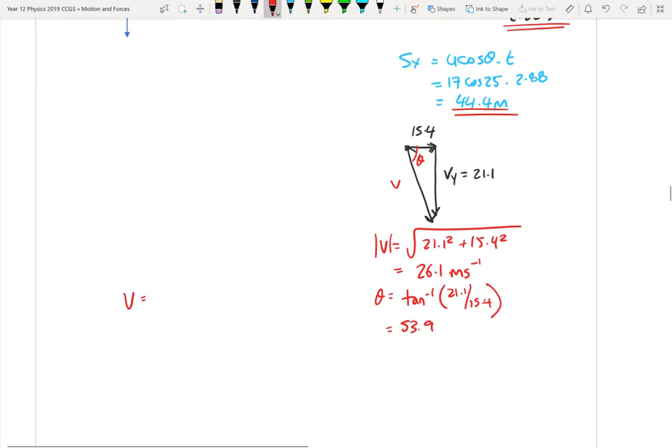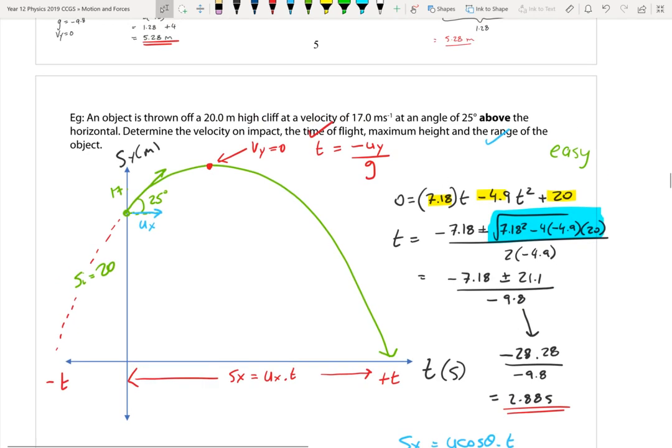So finally, V equals 26.1. Okay, so that's our velocity.